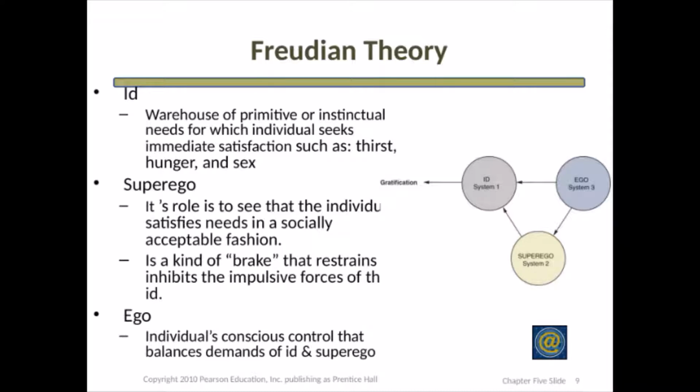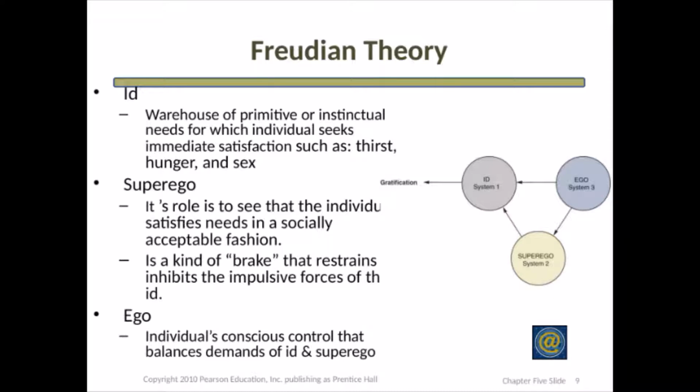As we talked about last time, the individual seeks immediate satisfaction without concern for the specific means of satisfaction. I'm hungry, I want to eat by any means, the important thing is that I find food because I have this basic need. This is the first system that Freud talked about in his theory, the ID.